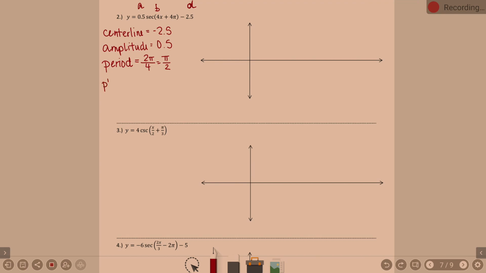Okay, and phase shift. What about phase shift? Okay, C over B, so 4 pi over 4. And we're actually going to be going left with it, yes? Because opposite of the sign means we're going to think negative 4 pi over 4.